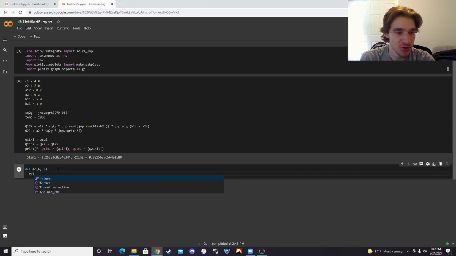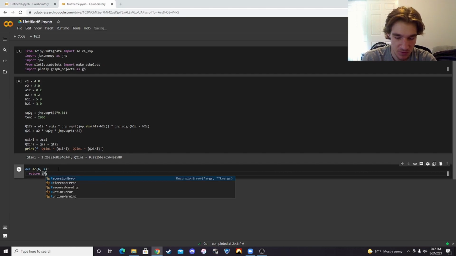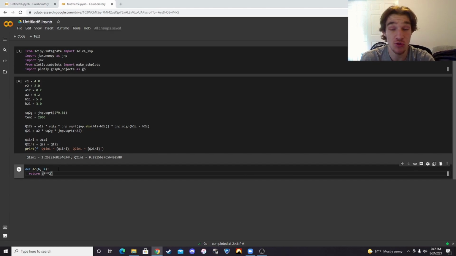And what this is going to return, like we saw before, is R to the power of 2, R squared, minus, in parentheses, R minus H, squared, and of course it's going to be this value times pi, and for pi we just do jnp.pi.